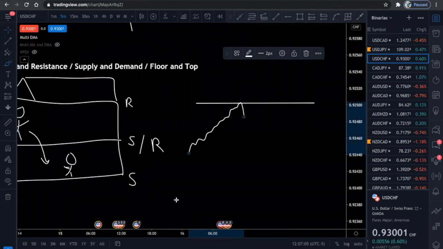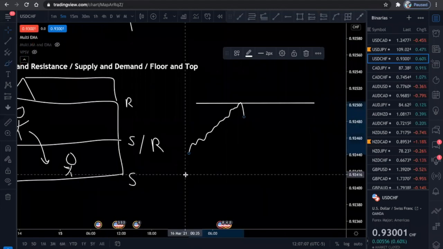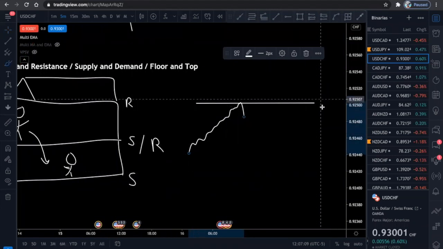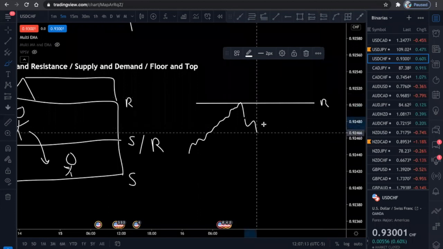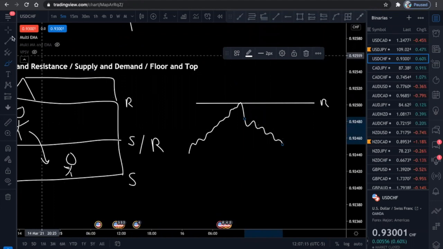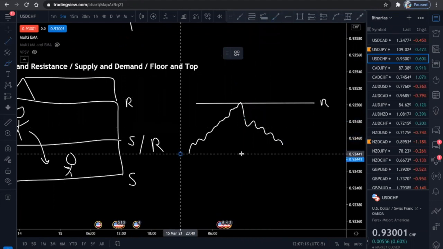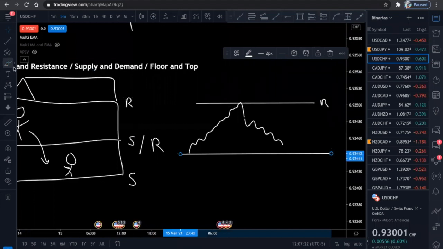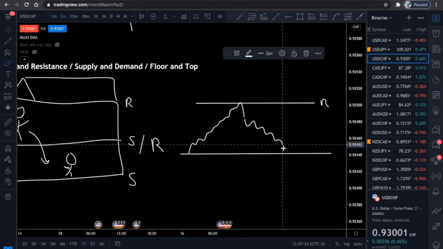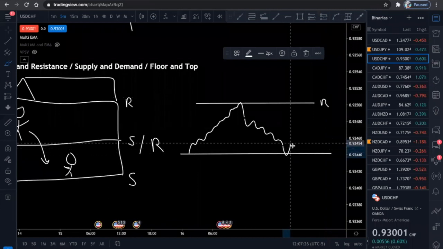So you want your price to reject your previous resistance. And then go and find a support again. This is what you're aiming for. Boom. And then go back again.